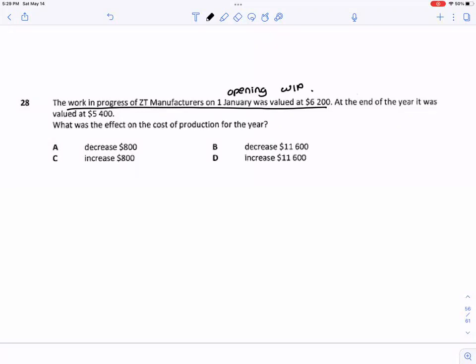Where can you explain this? Opening work in progress is how much?